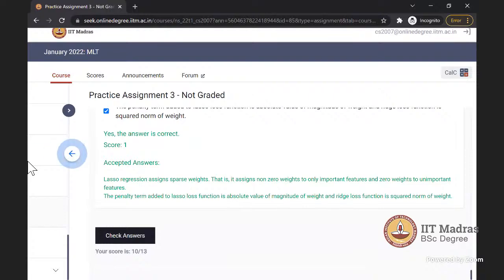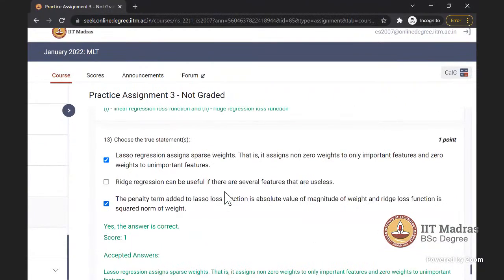Sir, in the last problem, I didn't understand the explanation for not choosing the second one. Okay, so the second option says that ridge regression is very useful if in the data set there are useless features. There is nothing like that, that ridge regression has any inherent advantage in such a situation. You can use lasso and ridge, both of them.